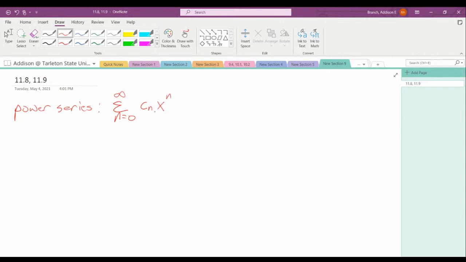So this x to the n right here is going to be the really important part of your power series. And of course, when we expand this out, it'll look something like c_0 plus c_1 x plus c_2 x squared plus c_3 x cubed, and so on and so forth.